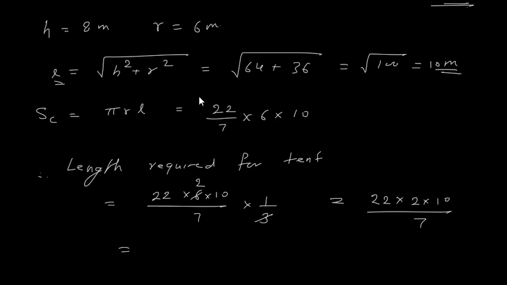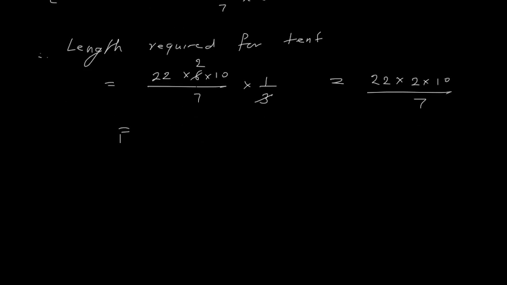Now here we have no choice but to divide. 22 2s are 44. So this is 440 divided by 7.